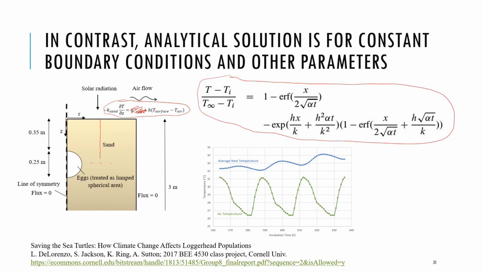Okay, so this is very possible, except this assumes T infinity to be constant. So T infinity has to be constant here. T infinity cannot be this. So this analytical solution is not flexible.